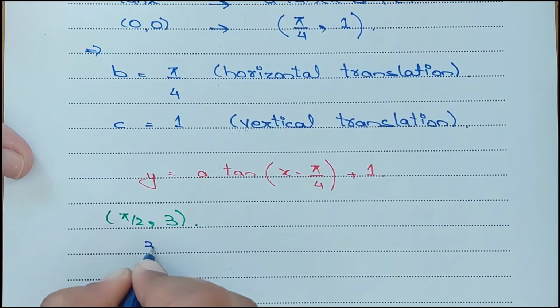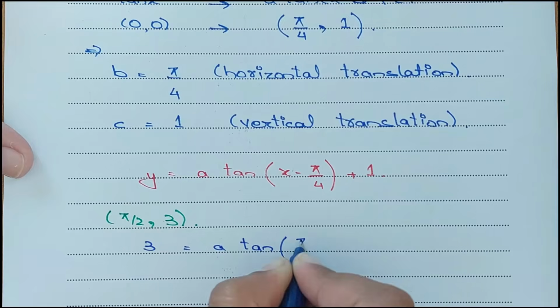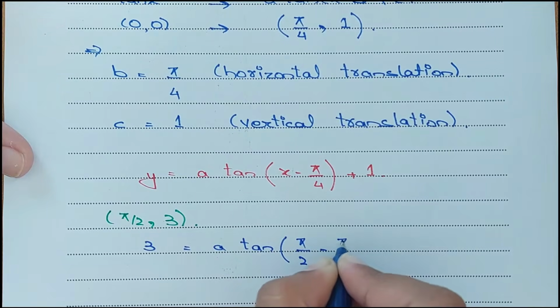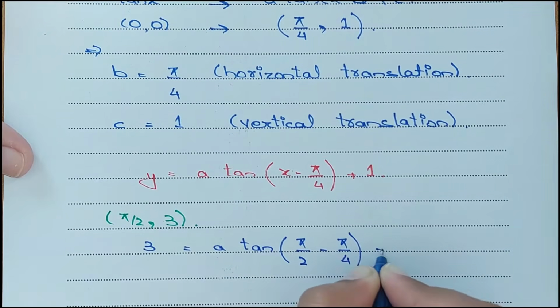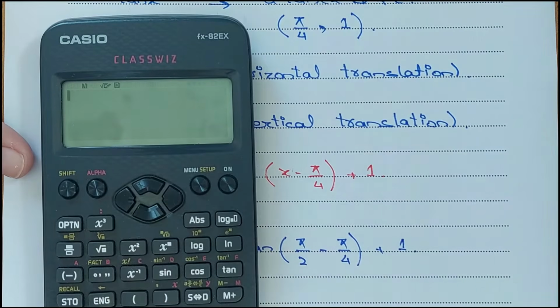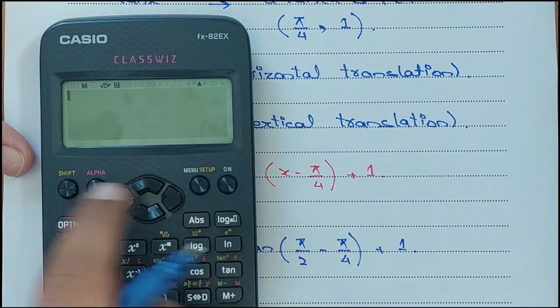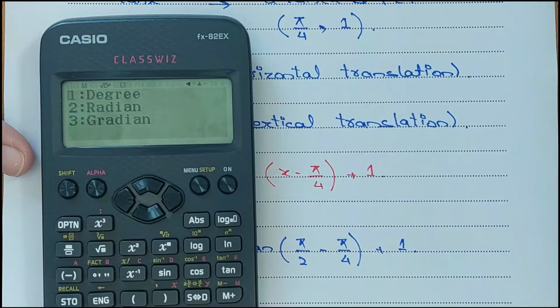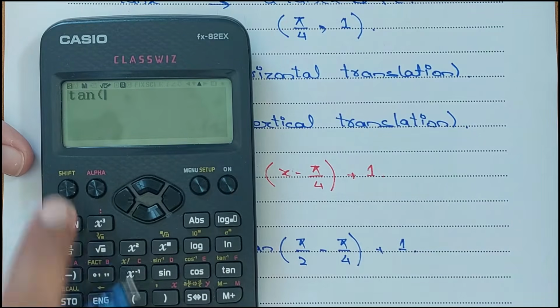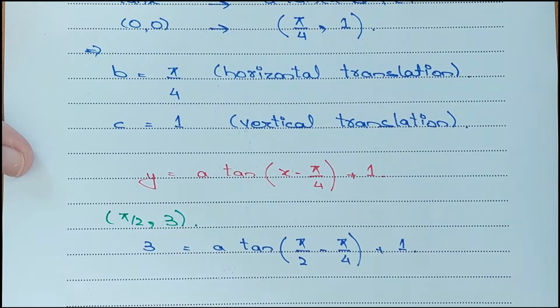So the y value is 3, a tan pi by 2 minus pi by 4, plus 1. Let me simplify. We have pi by 2 minus pi by 4, which is pi by 4, in radians. Tangent pi by 4 is just 1.